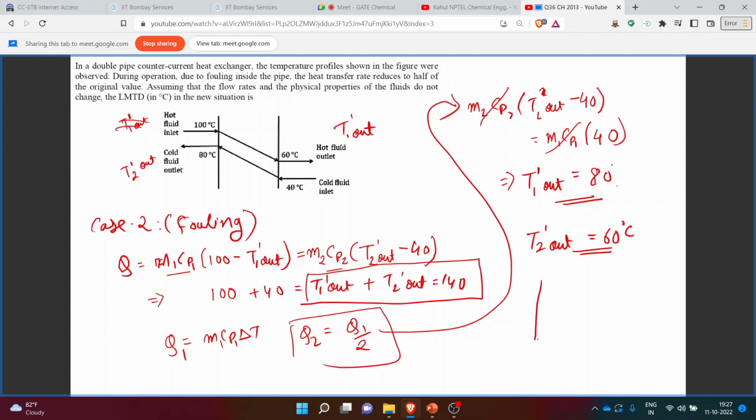So if I have to draw this temperature profile for this new set, the inlet will remain at 100 degrees Celsius and the outlet temperature for this hot fluid is 80 degrees Celsius. Similarly, the cold fluid inlet will remain the same at 40 and the outlet temperature is 60 degrees Celsius.